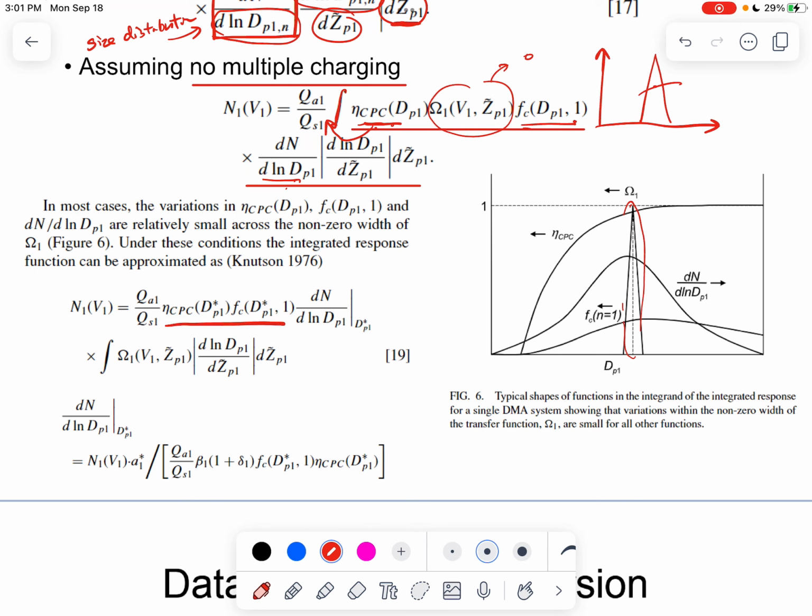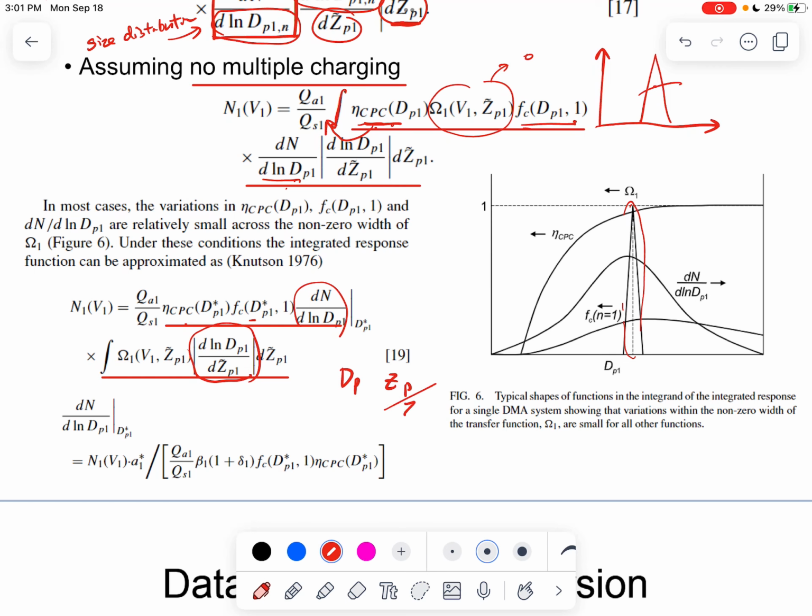Okay, if you take them out, then you have the charging efficiency, CPC efficiency, and the size distribution outside, and then you just have the integral of the transfer function. And further, this term here, you can directly calculate the derivative, because you know the relationship between particle size and ZP.